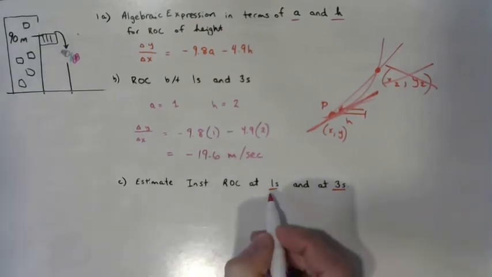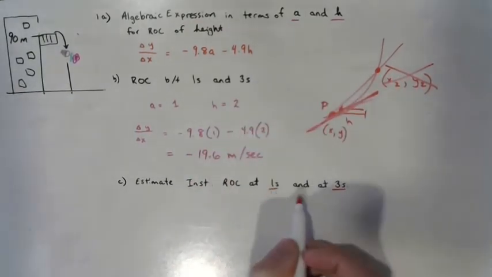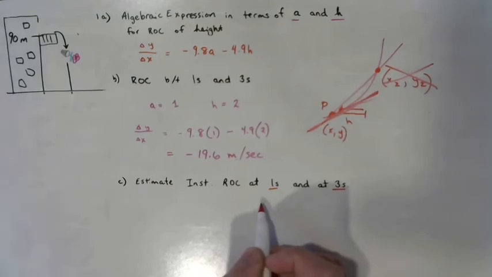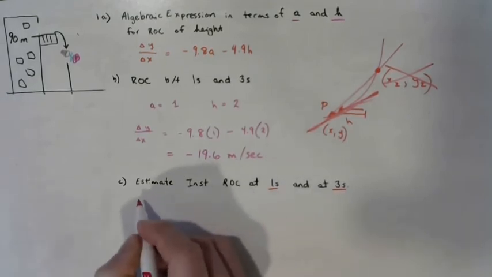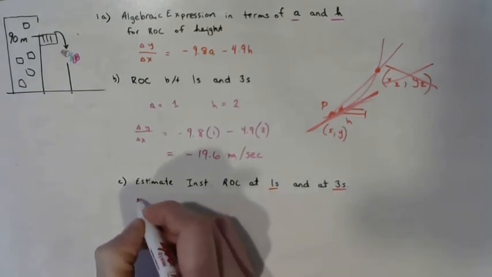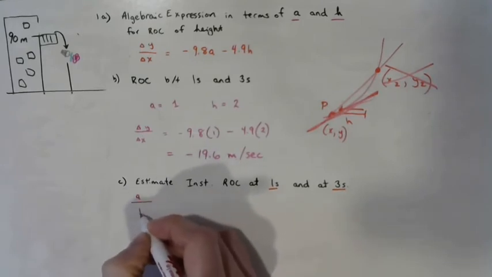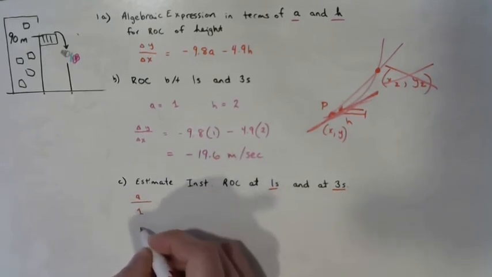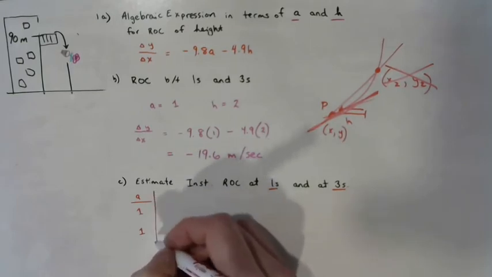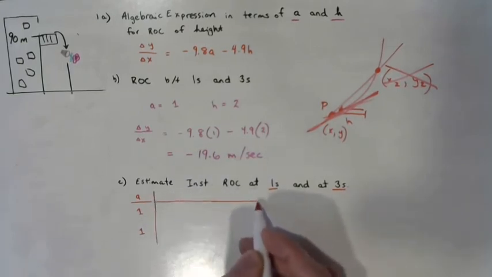I'm going to do 2 values of h for each of these values. And so just a quick table of values looks like this. Our a value is going to be 1. I'm going to try it twice to show that as we get a smaller h, we get a better estimate.